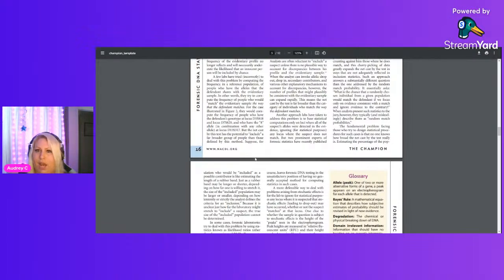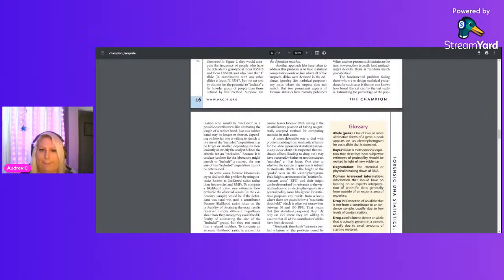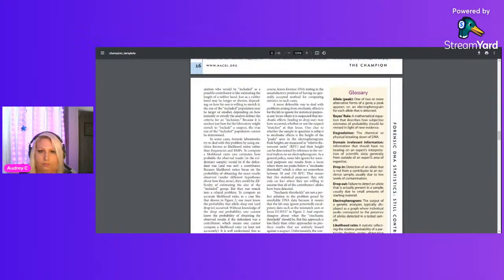Estimating the percentage of the population who would be included as a possible contributor is like estimating the length of a rubber band. Just as a rubber band may be longer or shorter depending on how far one is willing to stretch it, the size of the included population may be larger or smaller depending on how leniently or strictly the analyst defines the criteria for inclusion.